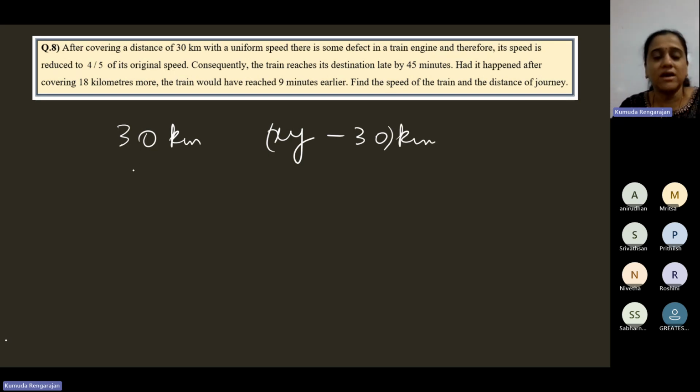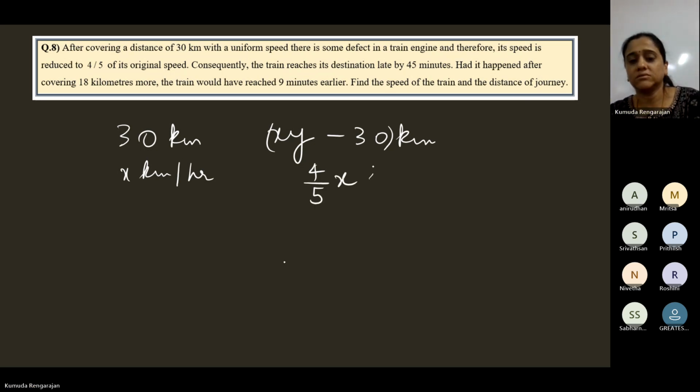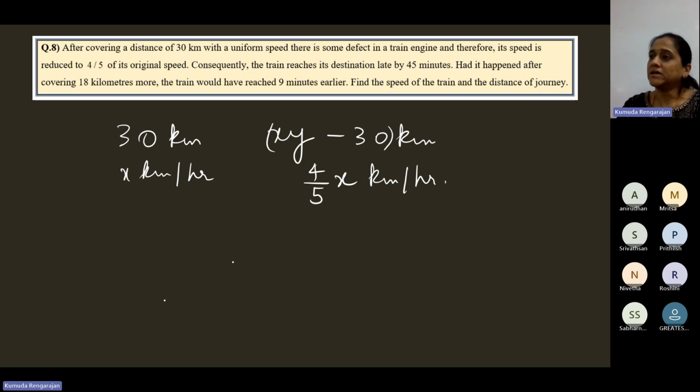What is the speed at which the train travels to cover the first 30 kilometers? x kilometers per hour. What is the speed at which the train travels to cover the remaining distance? 4/5 of the original speed. What is time?